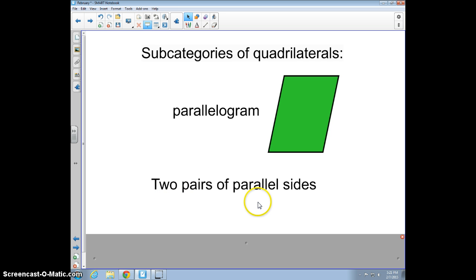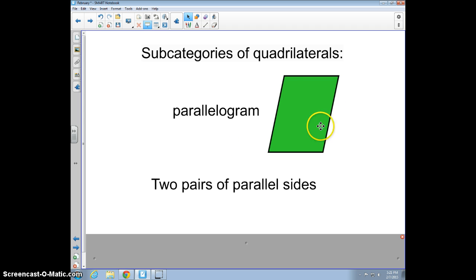But what makes a parallelogram is it has 2 pairs of parallel sides. So as you'll see, these 2 sides here, this pair of sides, are parallel to each other, meaning they could go on forever and ever and never cross, never get closer or farther away from each other. And these 2 sides here, the top and bottom, this pair is also parallel to each other.